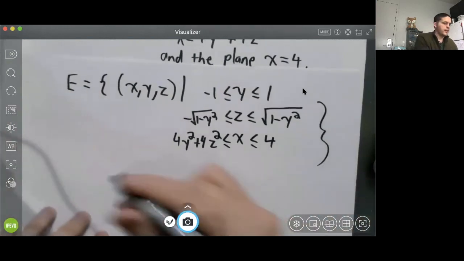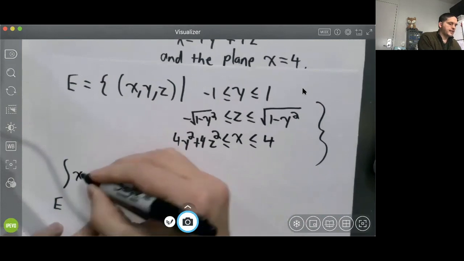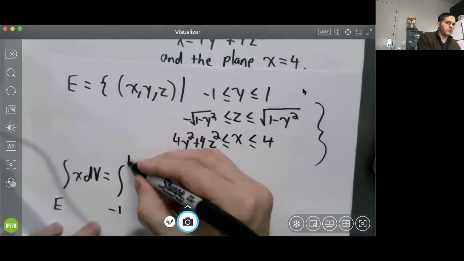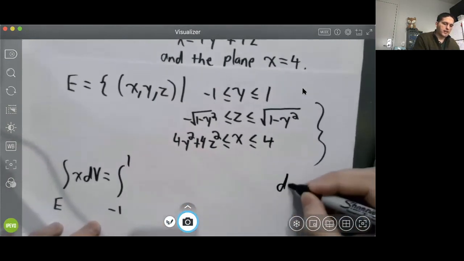So the integral over E of x dV is equal to the integral from -1 to 1. The outer integral is with respect to y.